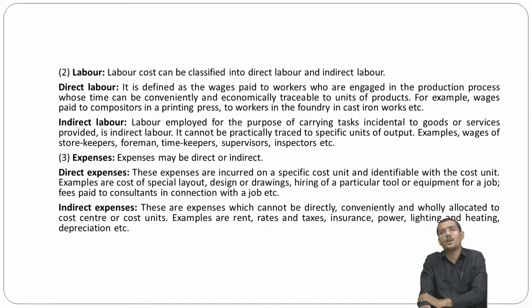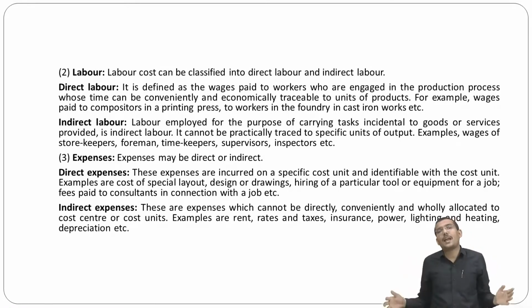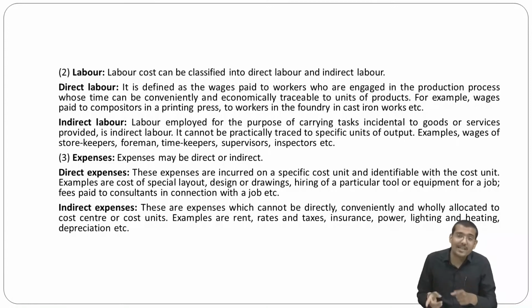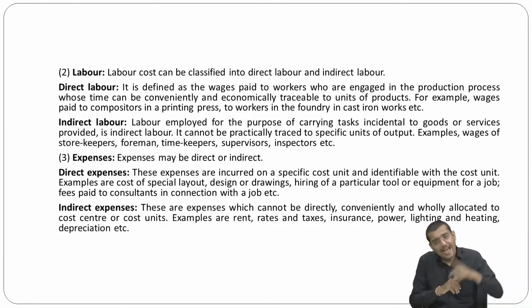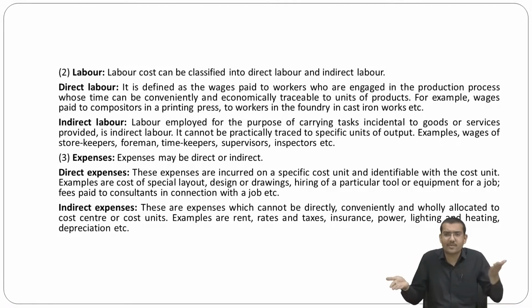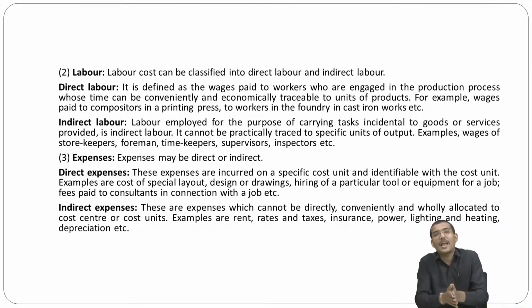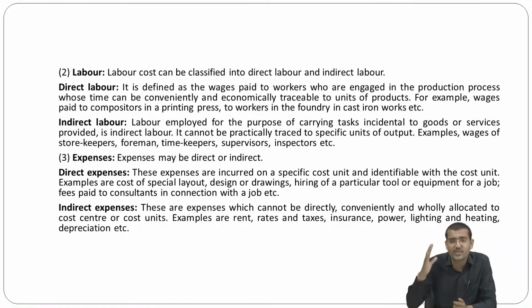Let's move further to another aspect, that is labor. The labor cost can be classified as direct labor as well as indirect labor, as with material. Direct labor is defined as wages paid to workers who are engaged in a particular production process and whose time can be conveniently and economically traced to the unit of production.